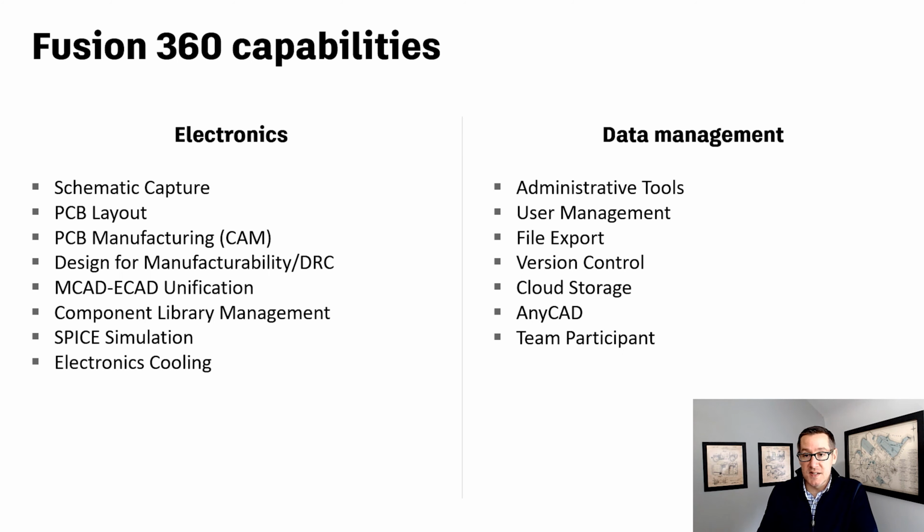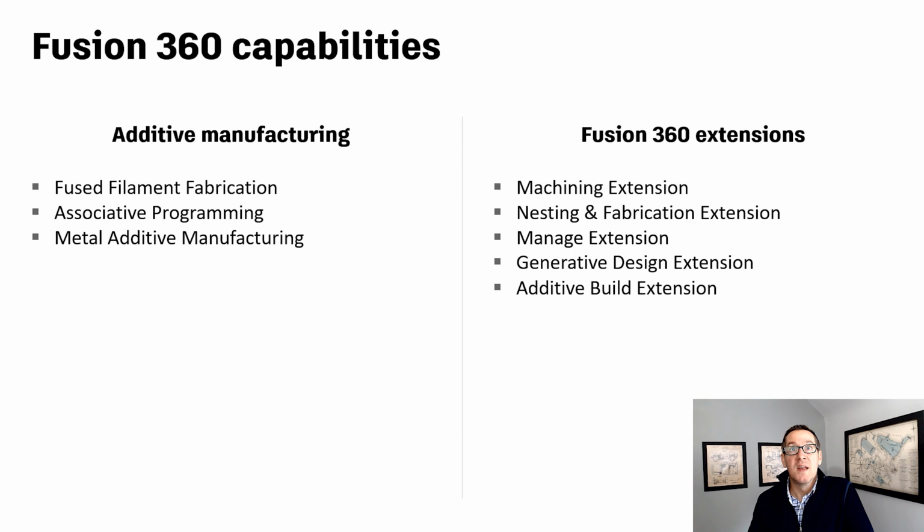Electronics, we talked about this right before the demonstration. Schematic capture, PCB, some e-cooling is available inside of Fusion 360. All the data management tools that are there whenever you're setting up your Fusion team. So really great options inside of Fusion 360 for collaboration and managing your data.